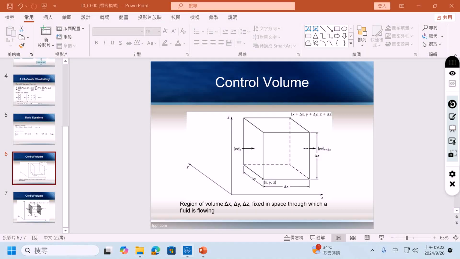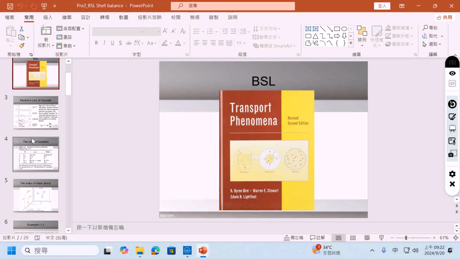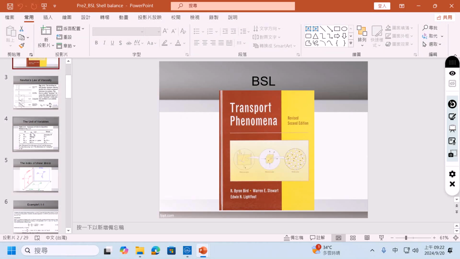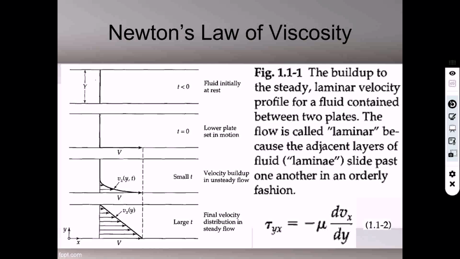All right, let's come back to the BSL. There are many things I need to introduce before I can introduce the force. So let's go step by step. First thing is for Newtonian fluid.